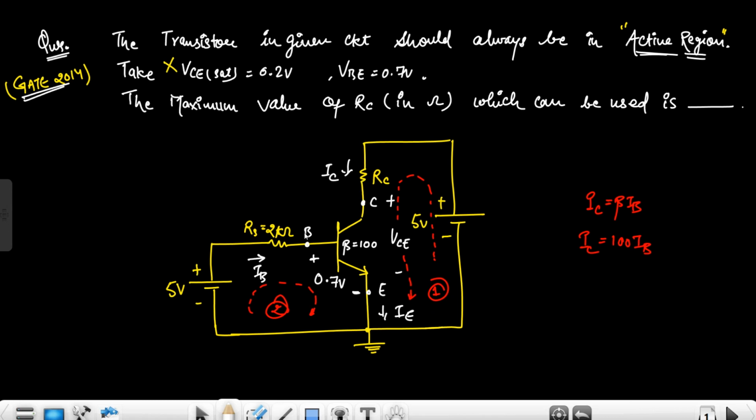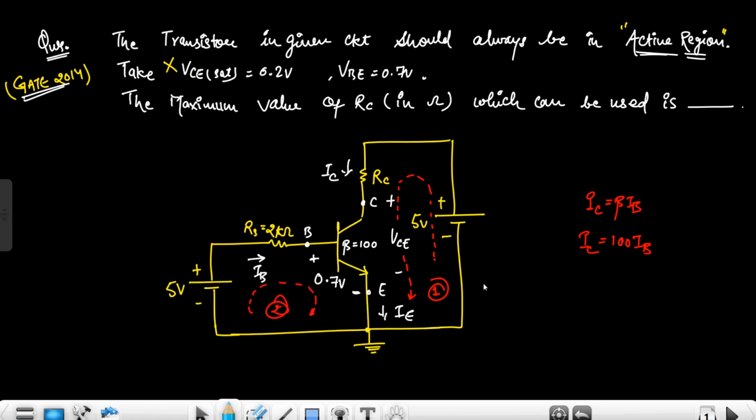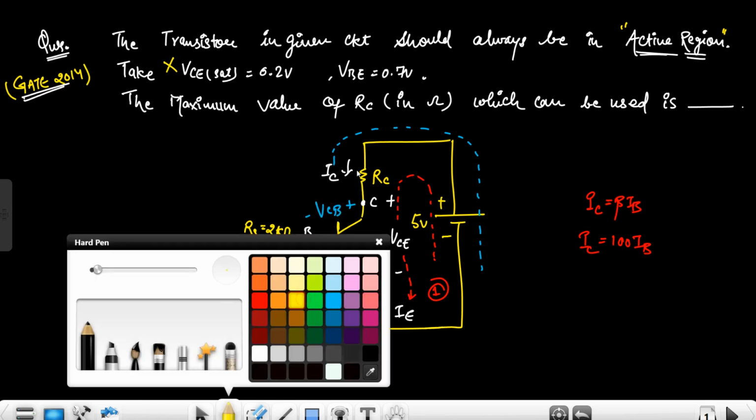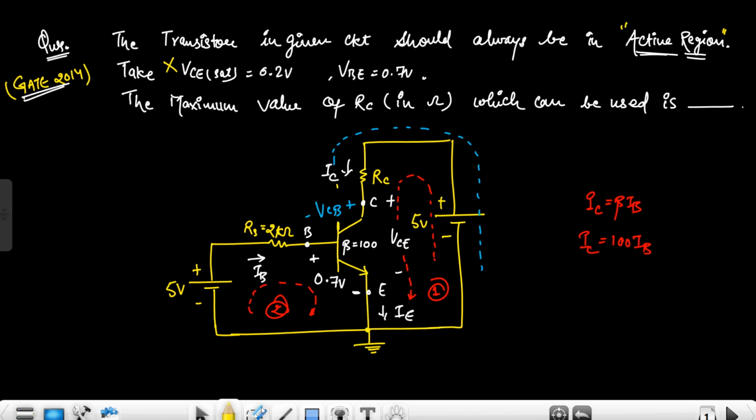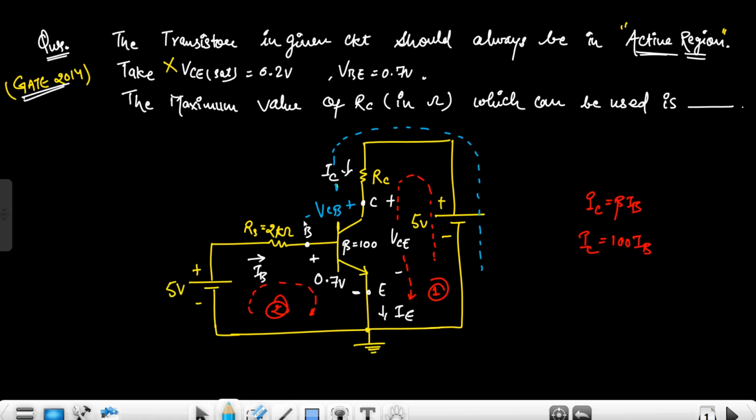Now if we want to solve this question in a single KVL, we can go with this also. Starting from here, and in this path, this is the IC, then here it is the VCB, so we take VCB along in the KVL. Along this path it will end on this -5, right?